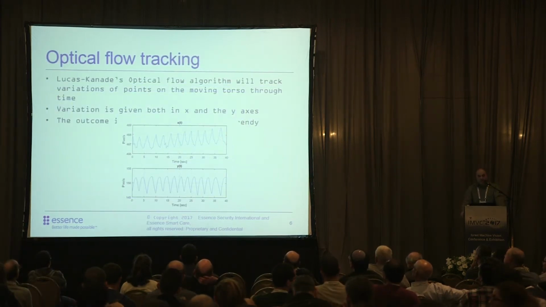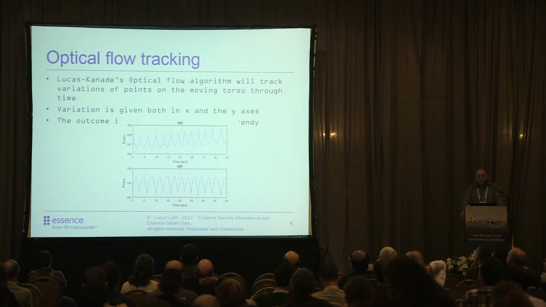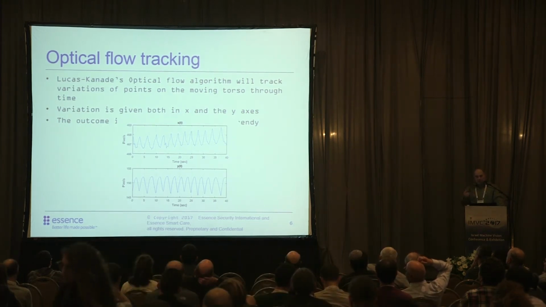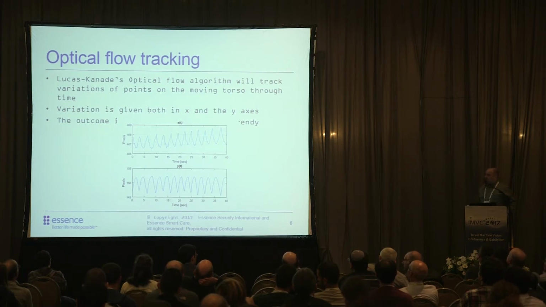For the optical flow tracking, we use the Lucas-Kanade algorithm. Basically, we want to track the variations of point location in the image through time. The variation is given both in the x-axis and the y-axis. For example, this is one point, varying through time.